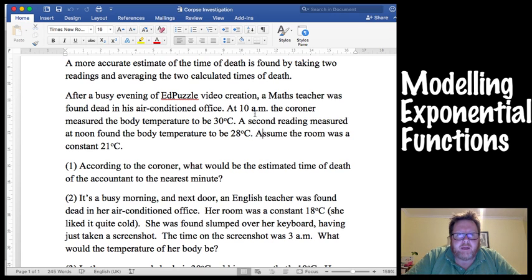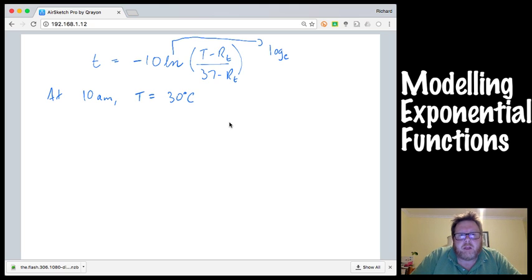So, what have we got there? Let's have a look at the first one. At 10 a.m., the coroner measured the body temperature to be 30 degrees Celsius. I'm writing it on my screen now and then I'll switch over. At 10 a.m., the body temperature was 30 degrees Celsius. There we go. I've said capital T, because that was the body temperature, equals 30 degrees Celsius.